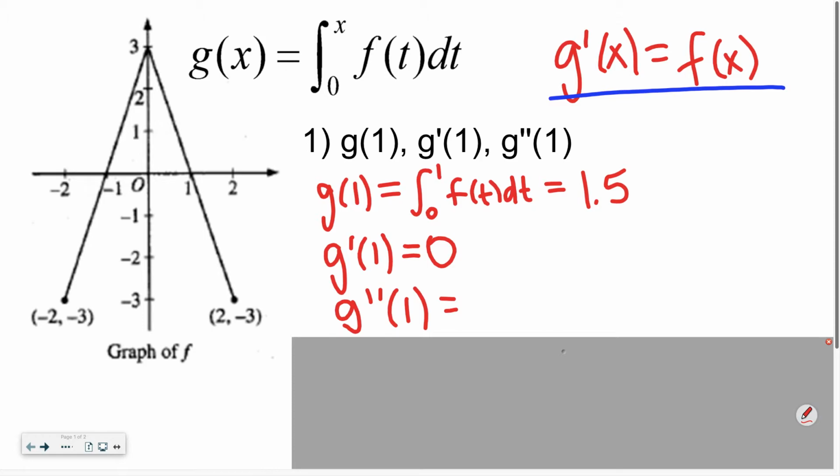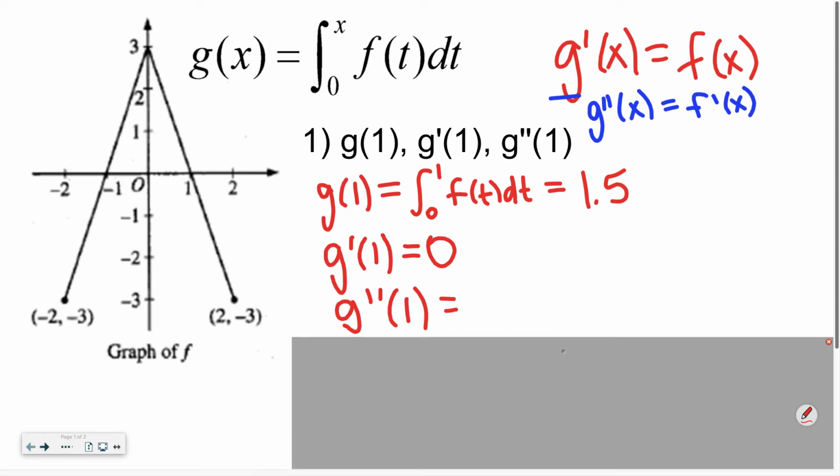And if I'm looking for G double prime, G double prime would be the same as F prime. So if G double prime is the same as F prime, then on our graph, I want to know what F prime of 1 is.